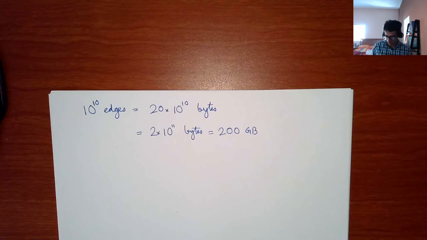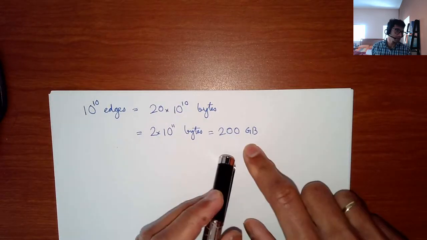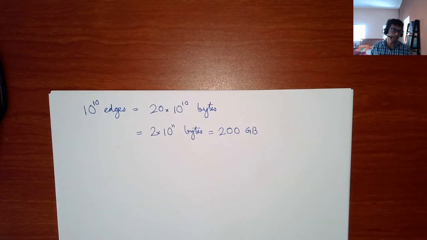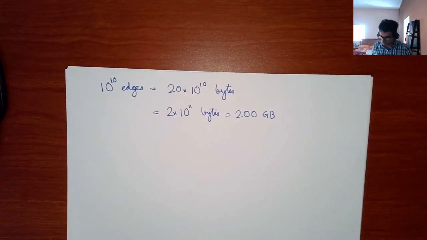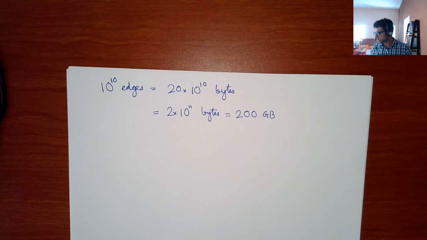But you can store this reasonably on your own machine, or buy a good server for 2-3K, and you can easily store this. That's one of the reasons why a raw list of edges beats an adjacency matrix. Okay, any questions about that?